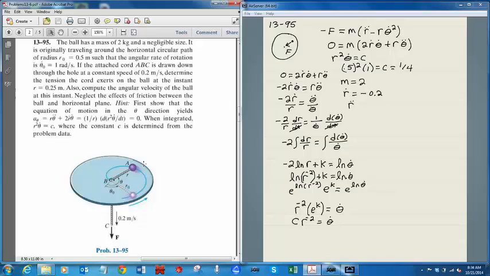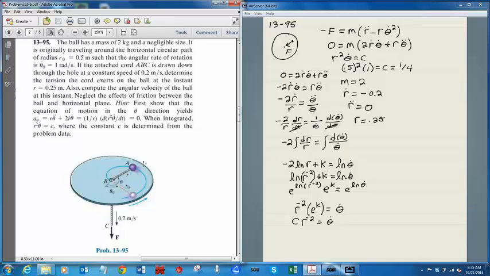So 0.25 squared, r squared, times theta dot equals the constant, and we've determined that the constant is 1/4.